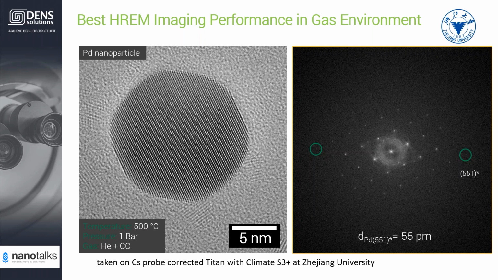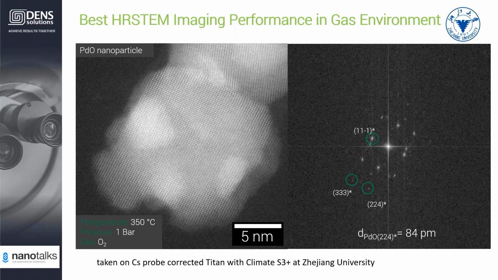We can see here in the HRTEM at 300 kV, in 1 bar of helium and carbon monoxide gas environment and an elevated temperature of 500 degrees Celsius, the ultimate resolution is about 55 picometer. And the high resolution HAADF STEM image resolution can go to 84 picometer at 300 kV.